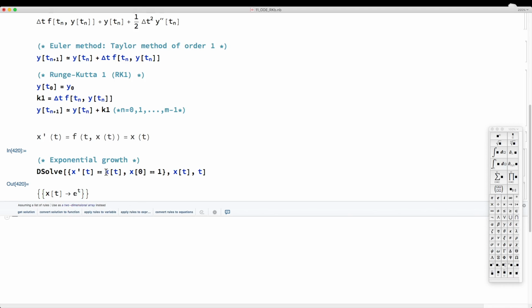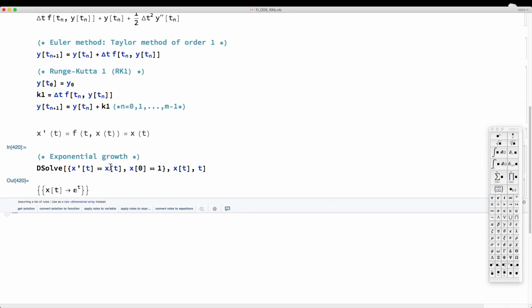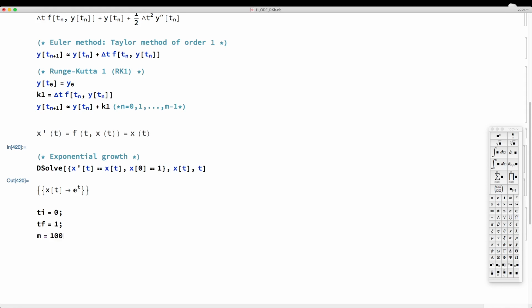So that's one of the simplest differential equations you can come across, and the initial condition is x of 0 equals 1. So let's assume that the initial time is given by 0 and that the final time is given by 1, and then let's suppose that we want to evolve for 100 time steps.